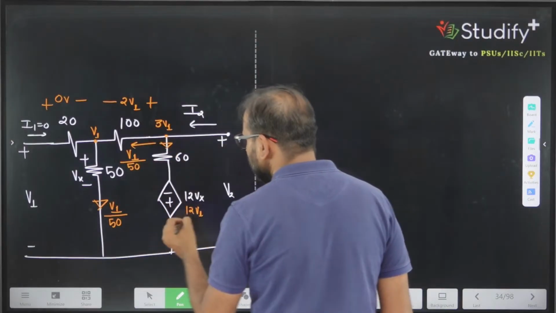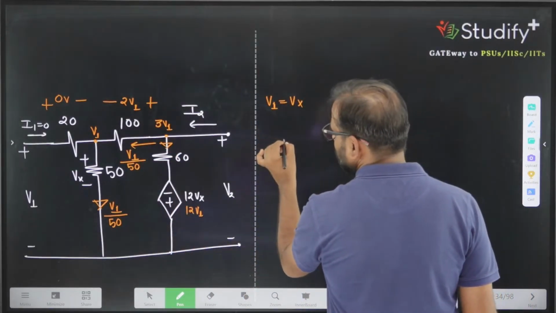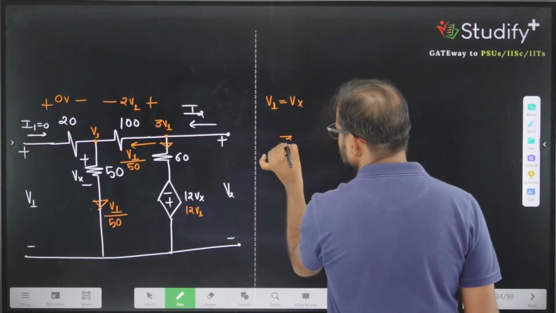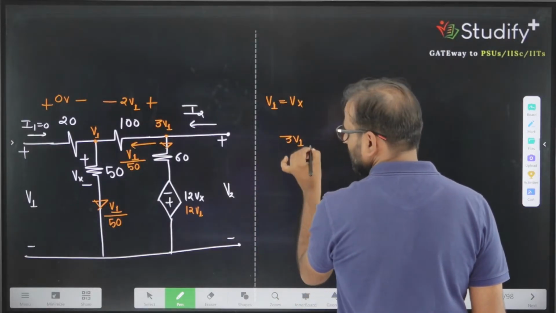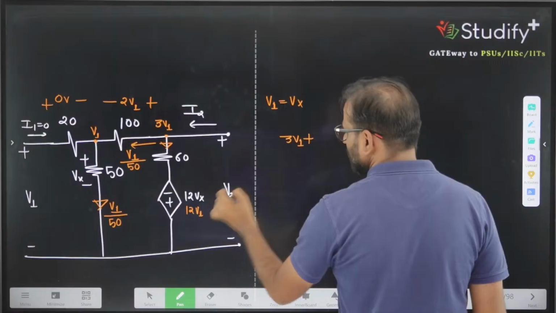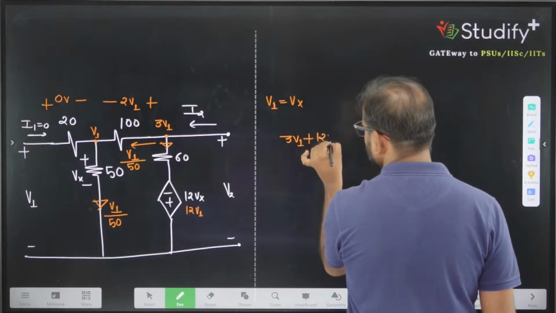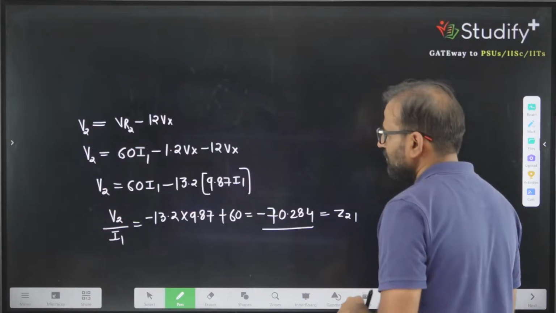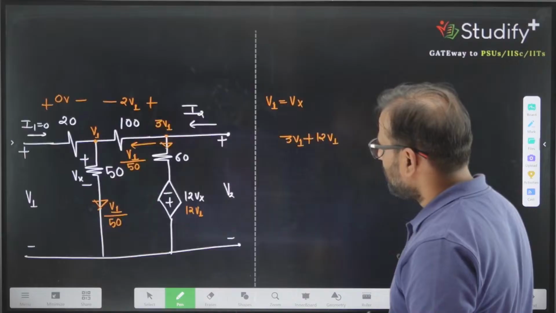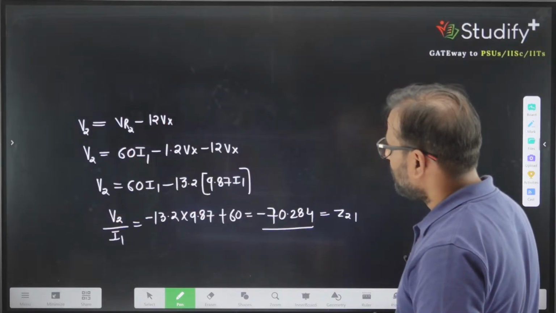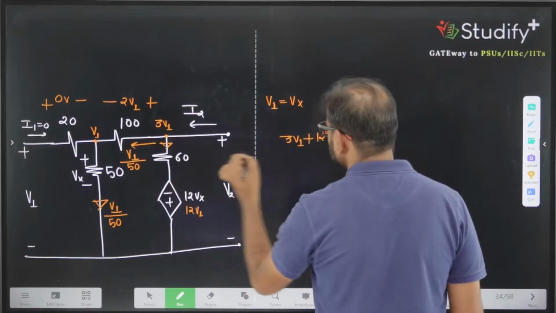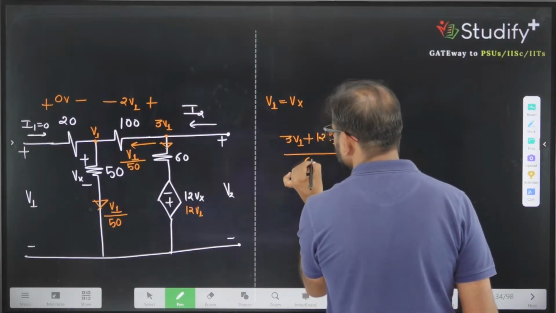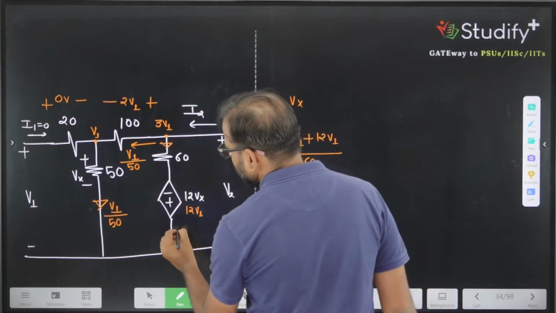So the current in this branch is given by 3V1 plus 12V1 divided by 60.